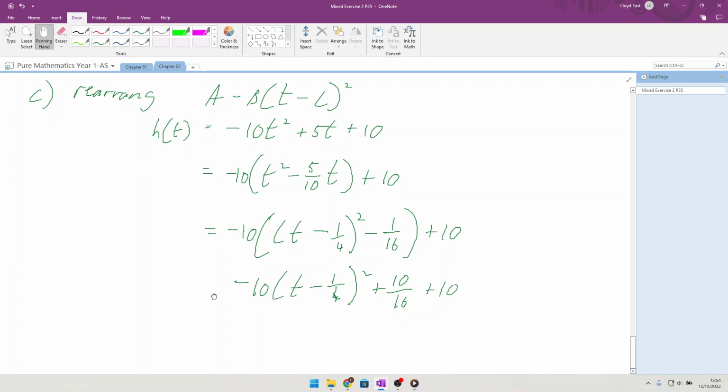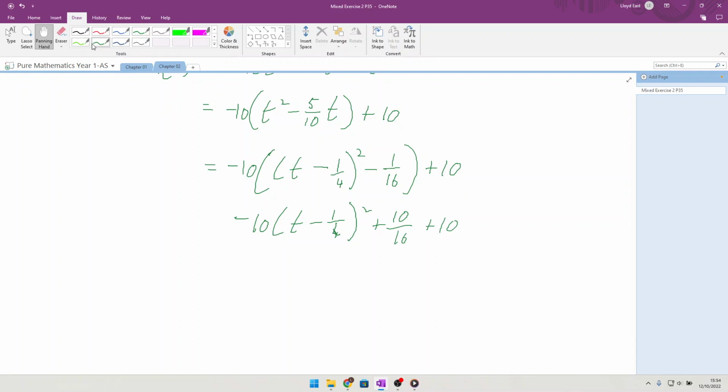Putting the 10 over 16 and the plus 10 together leaves us with a minus 10 brackets t minus a quarter squared. That is 10 and, what is that? That's 5/8.